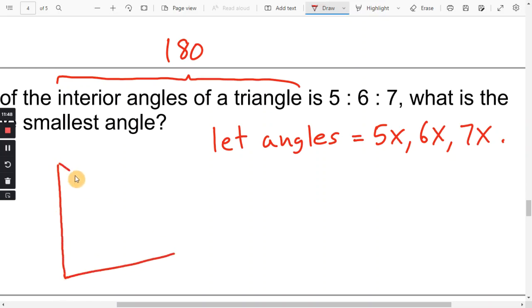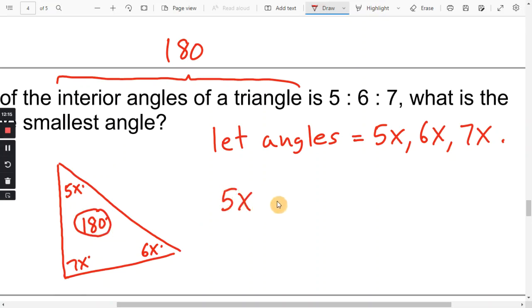All right, but if I were to draw this triangle, we got 7x for one angle. We have 6x for one angle. And we have 5x for one angle. So when you add these three angles, they're going to add to 180 degrees. All right, so you just add them up and set them equal to 180.